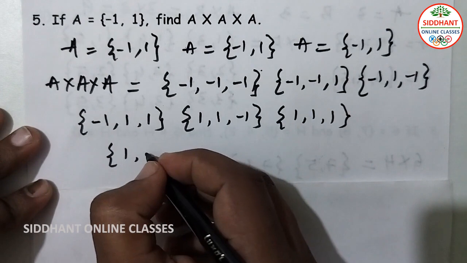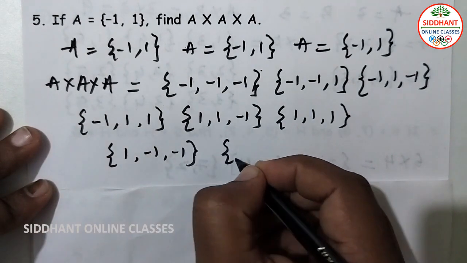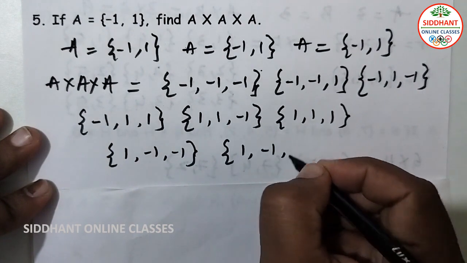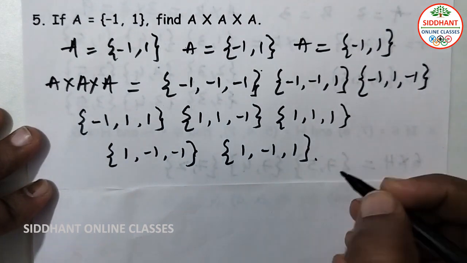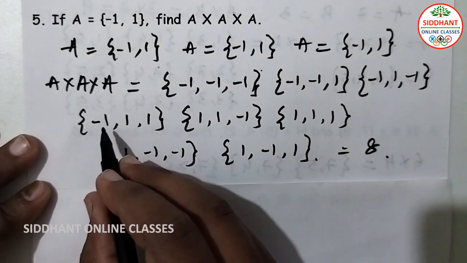Next (1, -1). Next (1, 1). So total 4 ordered pairs we are going to see here in A cross A.